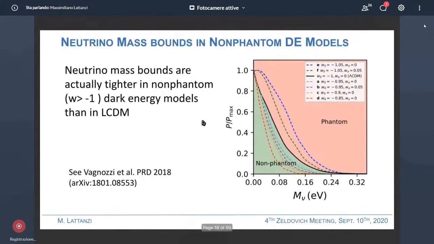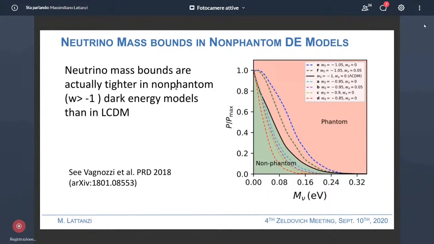Now, one thing that I want to stress is that it might be the case that mass bounds actually become tighter in extended models, and this is exactly what happens in this model that was studied by the group in Stockholm, by Katherine Freese and collaborators, and especially Sanni Magnozzi, who was a PhD student in Stockholm at the time.